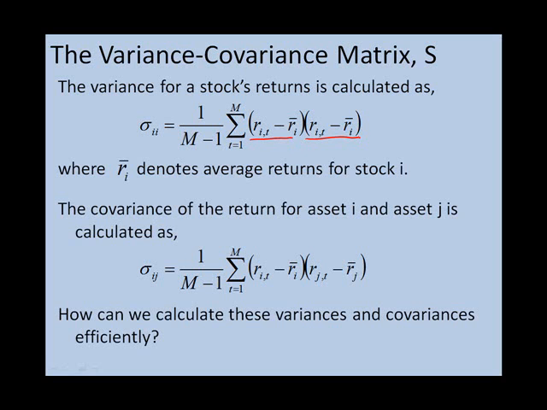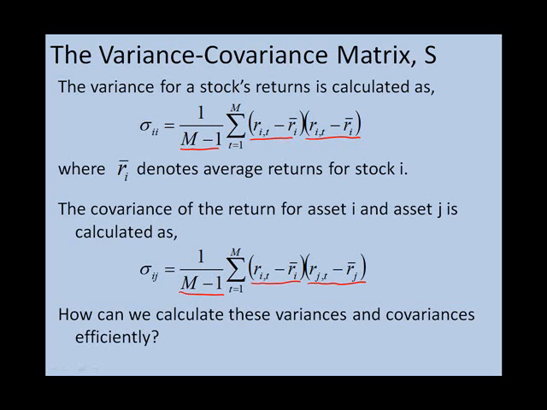Then we divide through by the number of observations minus 1. The covariance calculation is actually very similar. We look at deviations from the mean for stock I multiplied by deviations from the mean for stock J, all divided through by m minus 1.